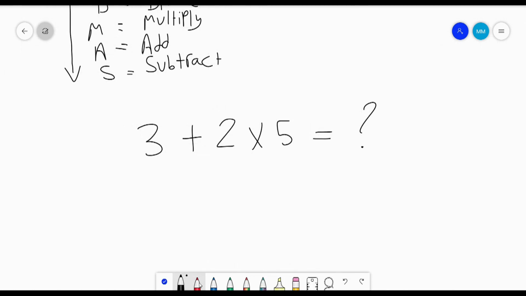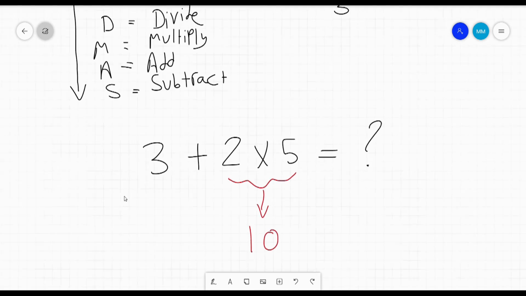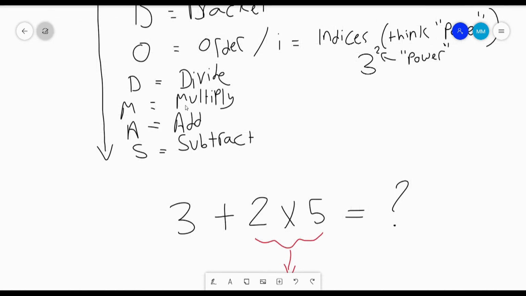So what some students do in this to play it safe is they start annotating this. So they'll write the word 10 here as a mental note that they've done this bit first. So then we go back and we say, right, is there any adding going on here? Yes, there is.